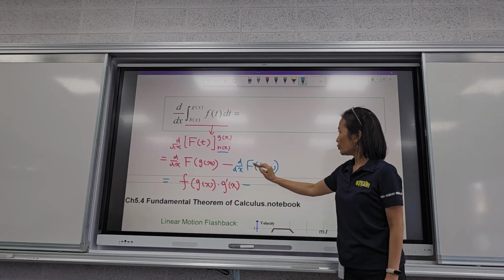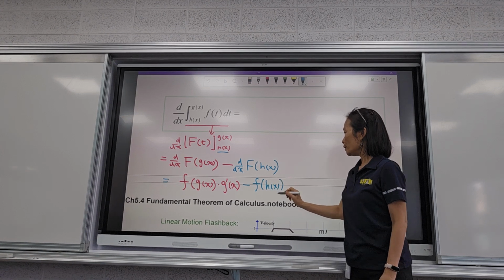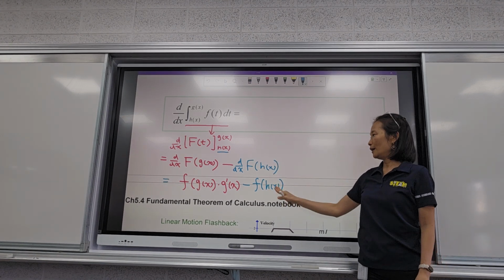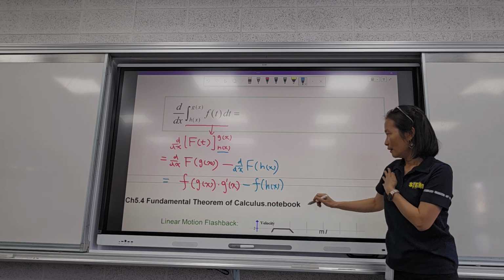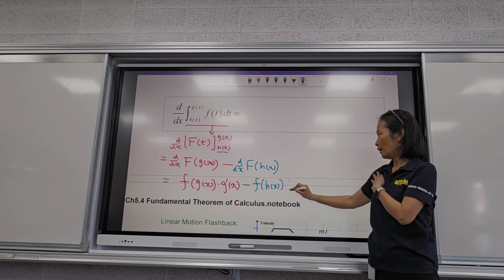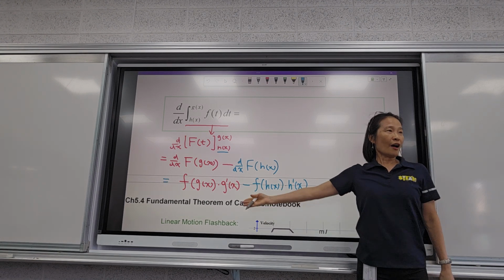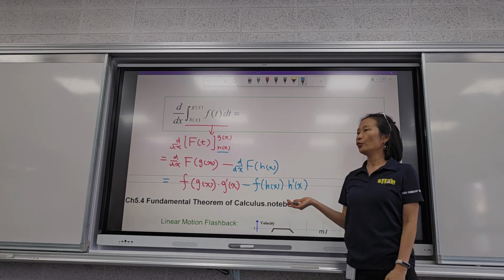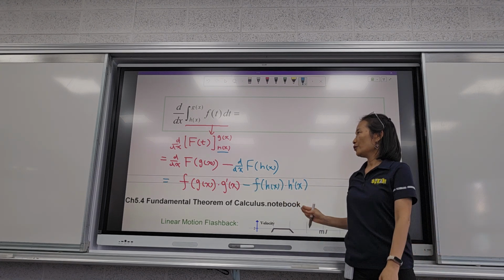Subtract. Derivative of capital F of x is small f of h of x, right? When you differentiate the outside function, you keep the inside function the same, and then you chain on the h prime of x. That's our formula, the rule when you have an upper limit and a lower limit that are both functions.